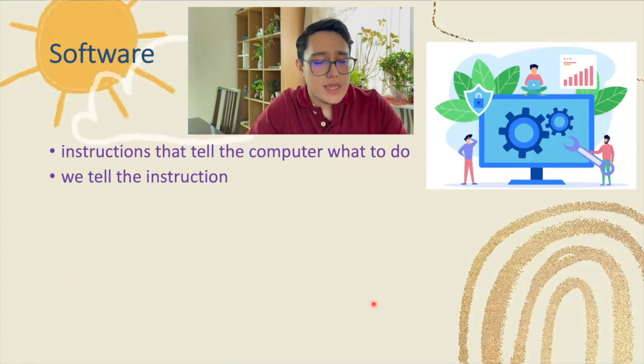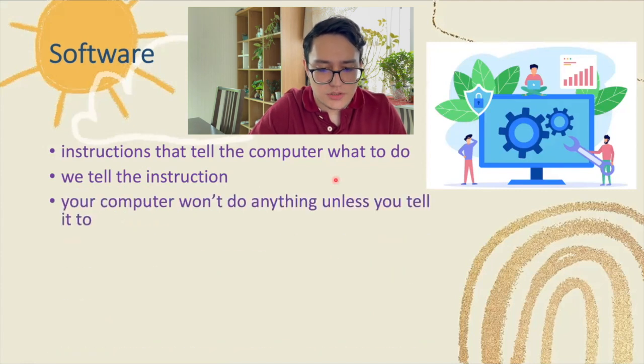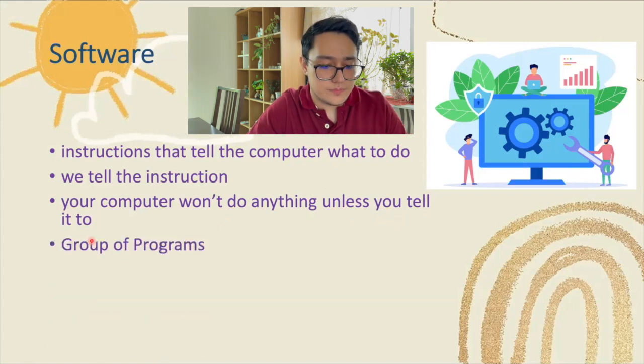Hey, computer, move the pointer, move the mouse. So the computer is moving it. I'm telling the software to change. Your computer won't do anything unless you tell it to.